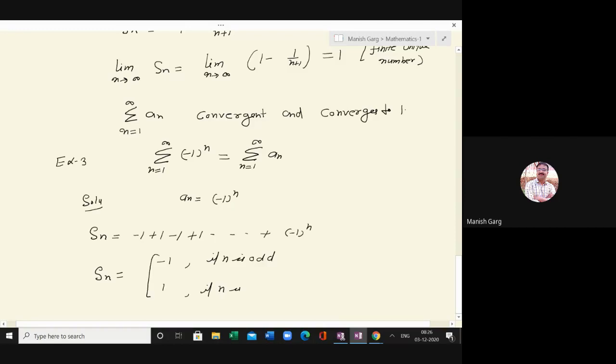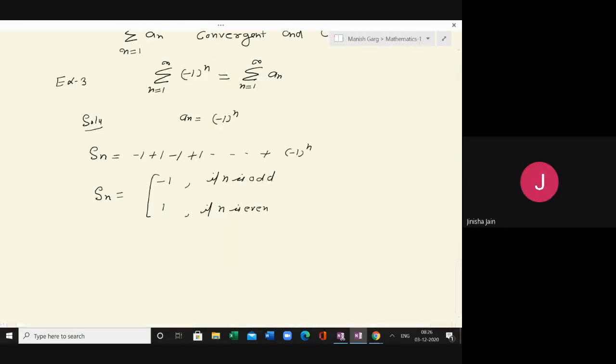If n is even, sir, in n even it will be 0, right? Yes, sorry, 0. Minus 1 plus 1. So now if you take the limit, this is minus 1 and 0, if n is odd or if n is even.